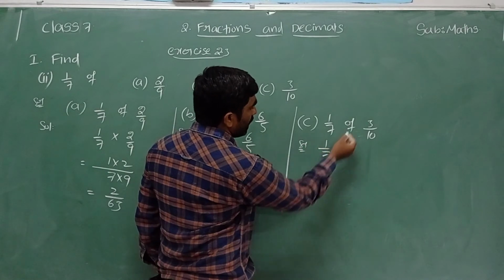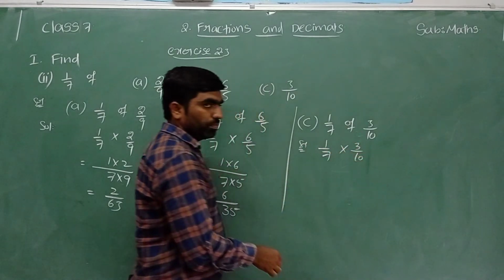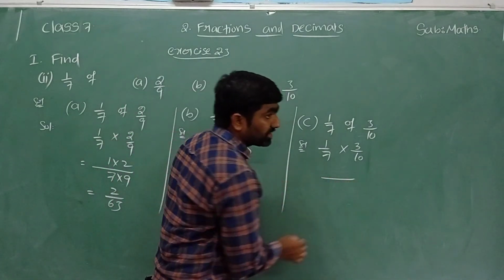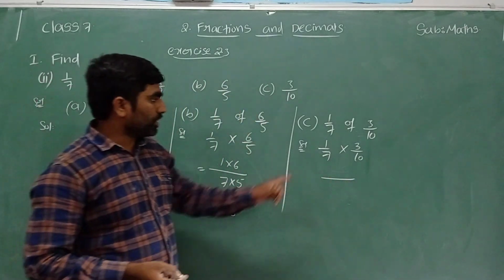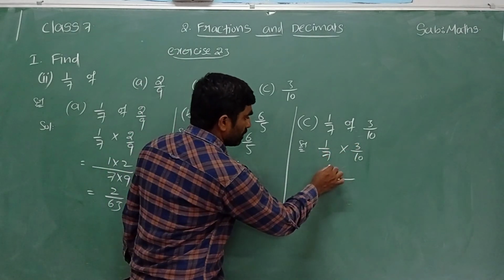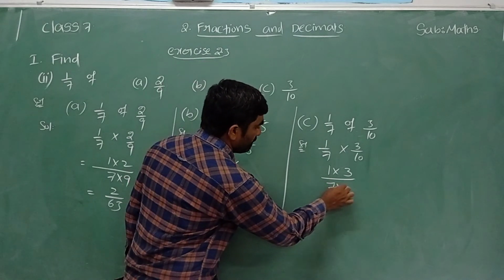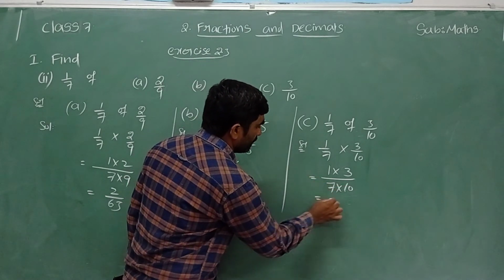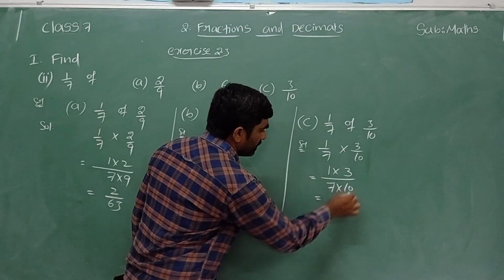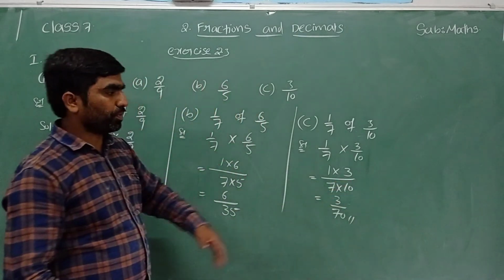1 by 7 of, 'of' represents multiplication, 3 by 10. Multiply the fractions. How can I multiply fractions? Multiply the numerators, then multiply the denominators. Product of their numerators by product of their denominators. 1 3s are 3, by 7 10s are 70. 3 by 70 is in lowest form, a proper fraction.